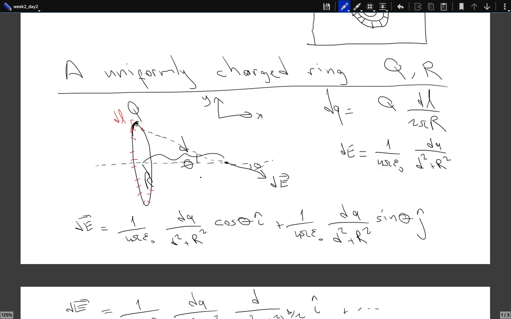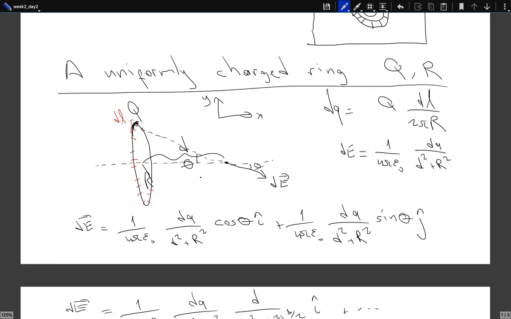It will have exactly the same horizontal component, but the vertical component will come with a minus sign because it's pointing upward. And when I sum the two, the vertical components will cancel, the horizontal components will just add. So for every segment I can imagine, there is a diametrically opposite symmetrical another segment.